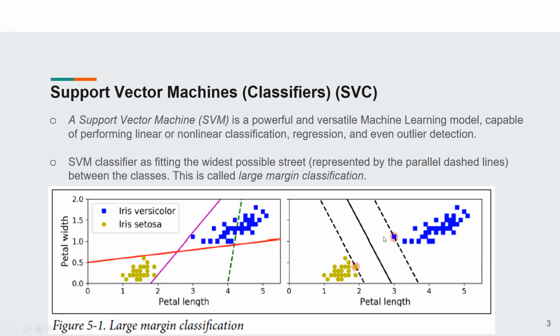And one more way would be this one, which is in the middle of the two classes. The good news is, in this case, it actually has the largest possible, widest possible street. If that happens, then this would be a support vector machine. And we have a special name for the points that lie on the boundary. They are called support vectors.